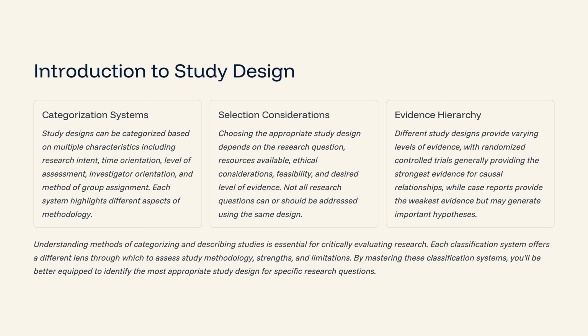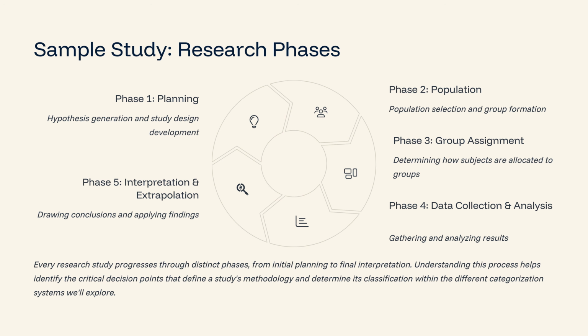All these things come into how studies are designed. Okay, and not all research questions can or should be addressed using the same study design. And finally, study designs can differ or give different levels of evidence hierarchy, which we'll see many times in this course.